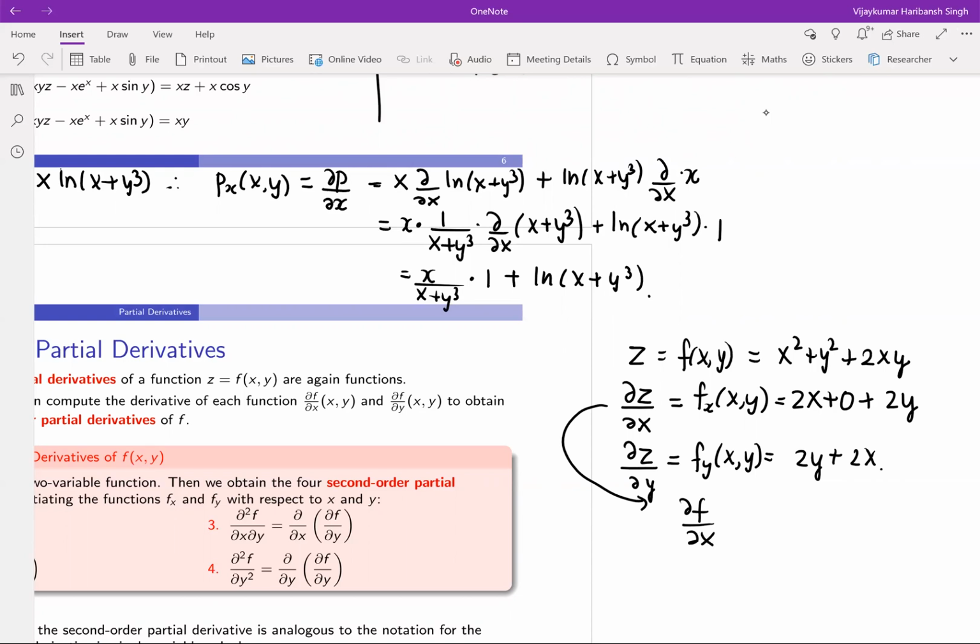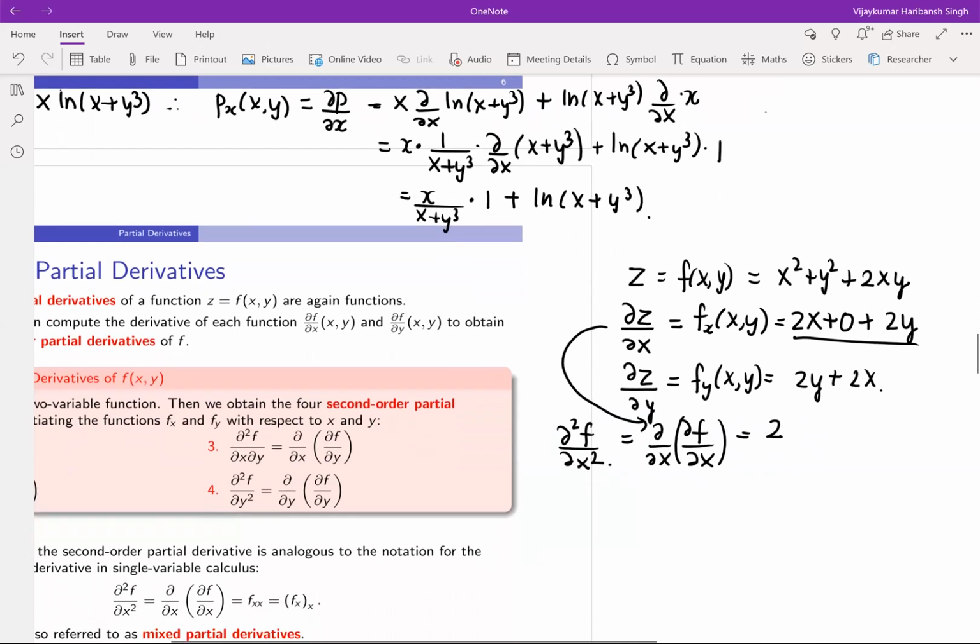Now I can do two things with it. I can also take the partial derivative of this thing with respect to x. So if I take the partial derivative of this thing with respect to x, what do I get? The derivative of 2x is 2, and this is 0. And this is written as the second order partial derivative of f with respect to x.